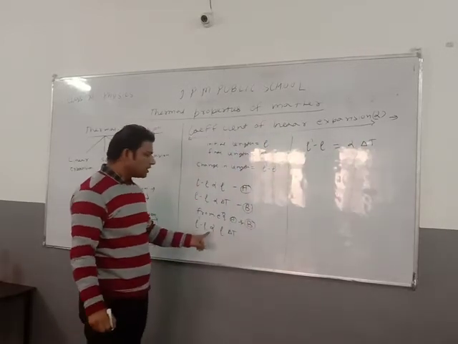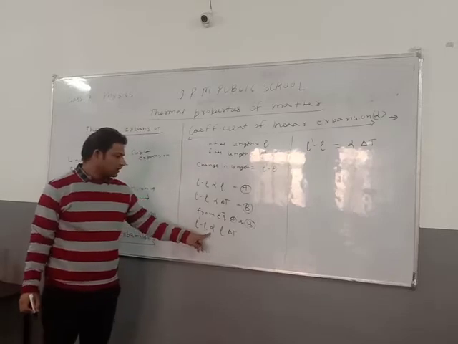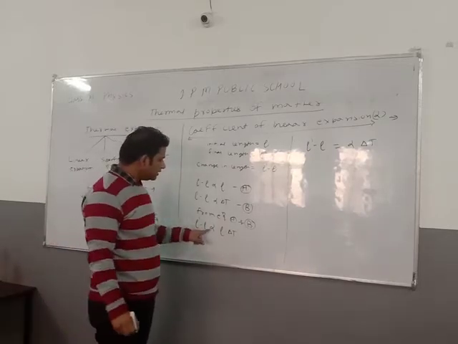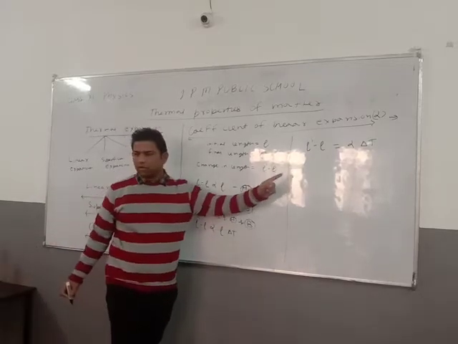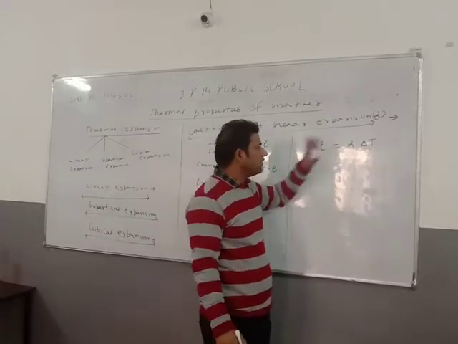So L dash minus L is equal to alpha L delta T. When we remove the sign of proportionality, we add one constant, and the constant is alpha.